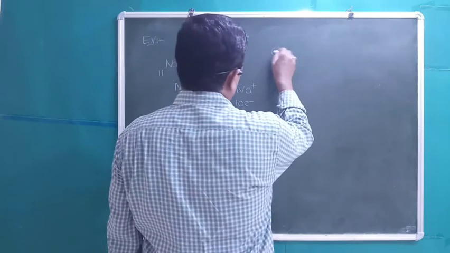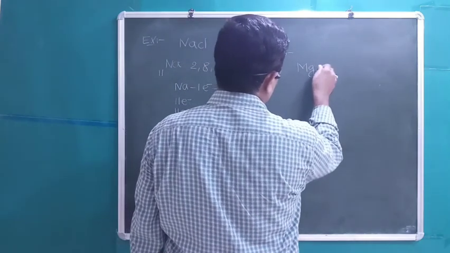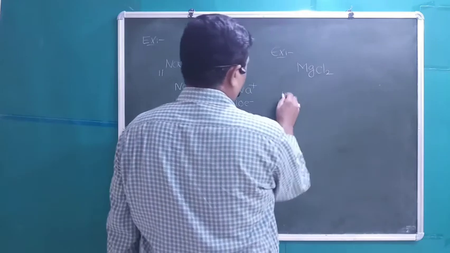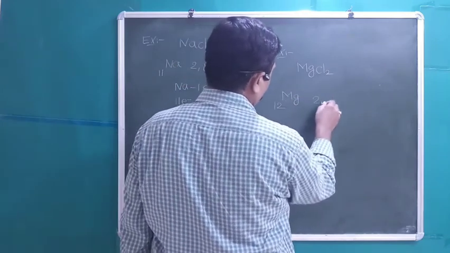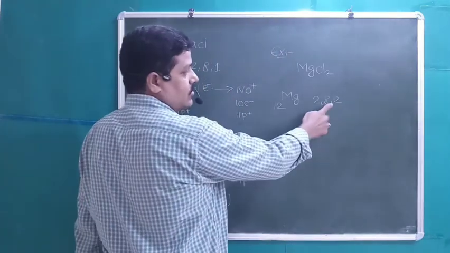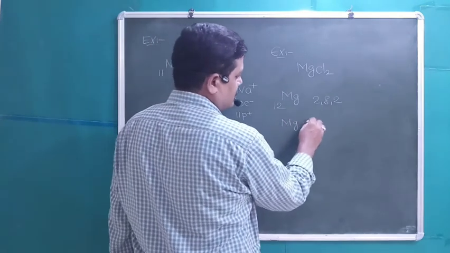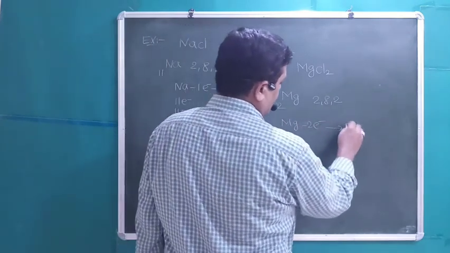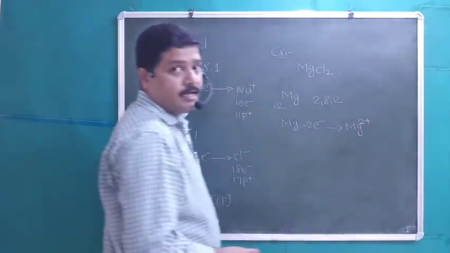Similarly, one more example we will take, that is MgCl2. Magnesium's atomic number is 12, electronic configuration 2, 8, 2, right? To get an octet, being a metal, it will lose 2 electrons and form the Mg2 plus cation, right?